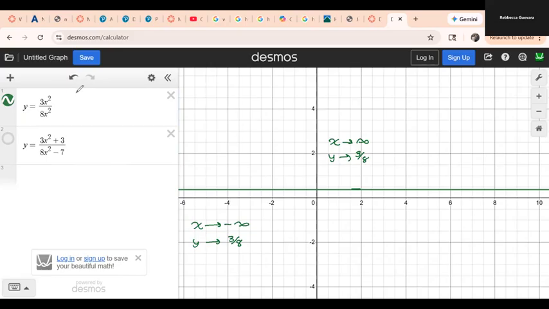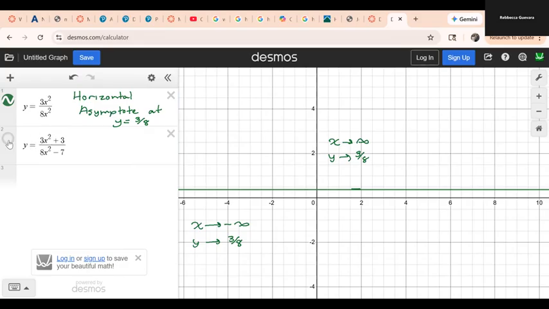So we have a horizontal asymptote at, and we're going to say it's going to be a y value now. I think I said x earlier on one of them. It should always be y with horizontal asymptotes. It's going to be y is equal to 3/8.